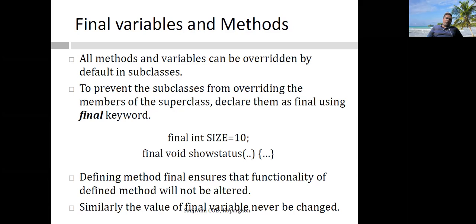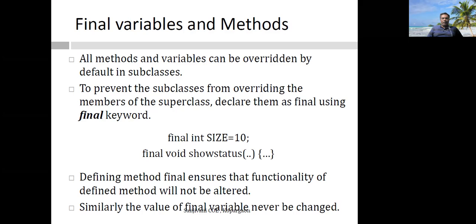Then after that we are going to discuss the next concept, final variables and methods. When methods and variables are declared as final, those variables and methods are not overridden inside the subclass.